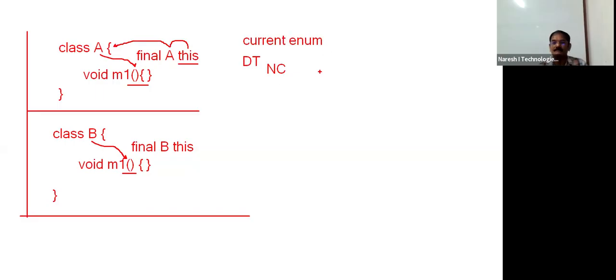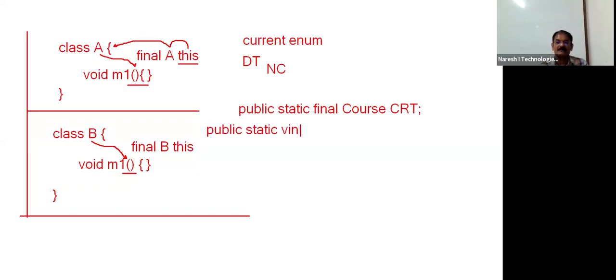Tell me, what is the full syntax of CRT? Public, static, final, what? Course CRT semicolon. Next, here, named constant syntax: public, static, final, what do you write?